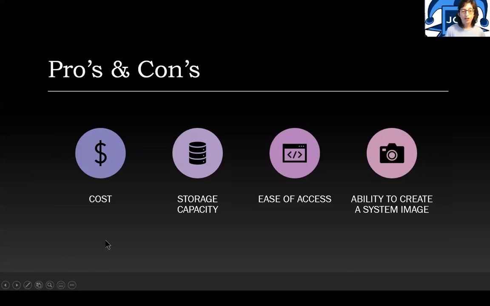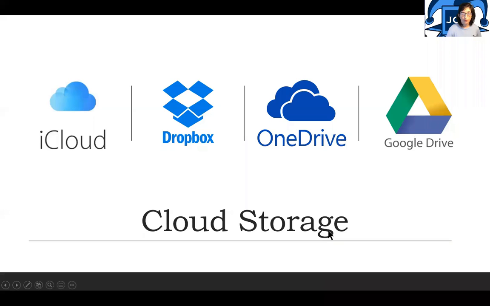The cloud storage cost can really vary, and it tends to be based on the amount of storage capacity that you have. But I typically recommend that you go with OneDrive if you are going to use Microsoft Office in conjunction with your computer.